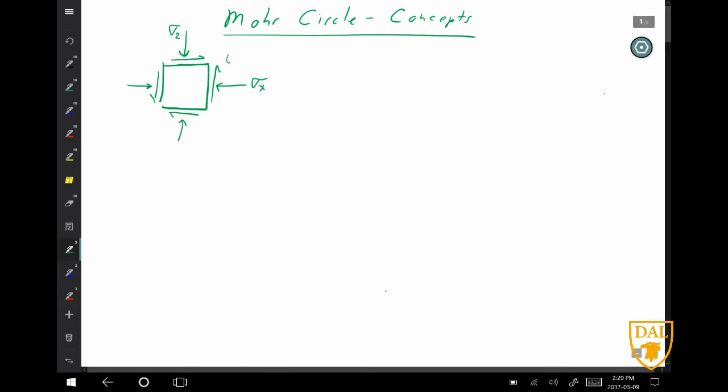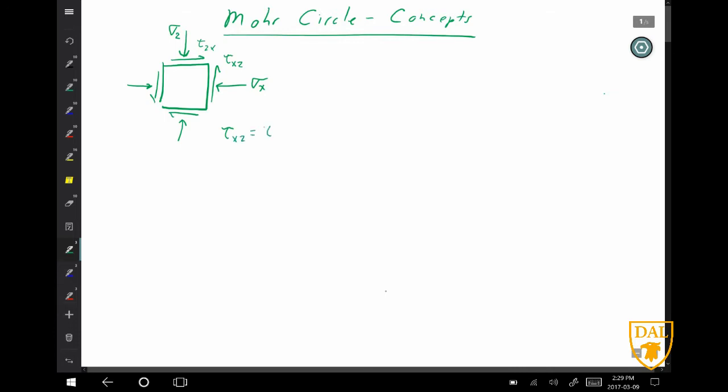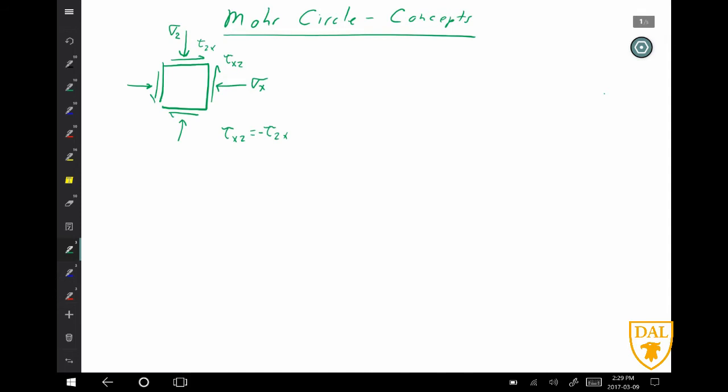The first subscript is the face on which it acts, and the second subscript is the direction. And the shear stresses on orthogonal planes are equal but opposite. So tau xz is equal to tau zx, but negative, equal and opposite. That's basically the sign convention that we use.